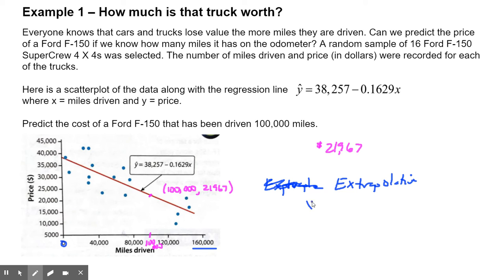Now, what if I wanted to figure out how much this 4x4 truck was worth after 300,000 miles, a value way past 160,000 miles? Well, let's plug it in. So y hat equals 38,257 minus 0.1629 times 300,000. Let's see what we get here.